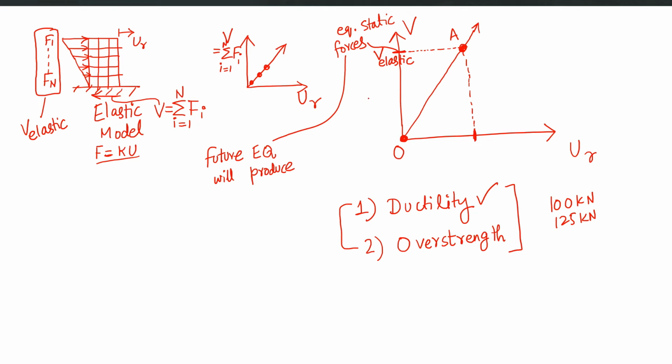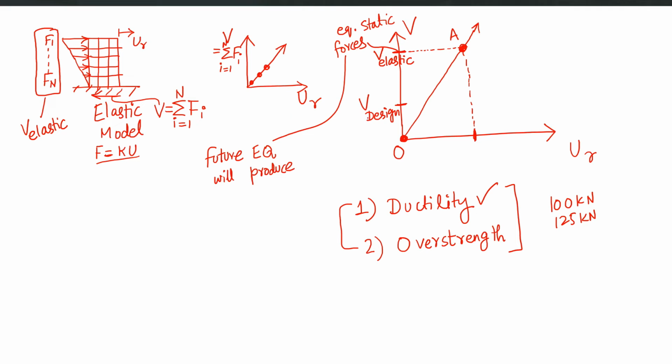So the idea is that we don't design our structure on V elastic. We design our structures on a fraction of V elastic. Let's call it V design, and let the ductility and overstrength play their useful role. So we provide the capacity not corresponding to V elastic. We don't apply V elastic force nowadays and then design based on that.